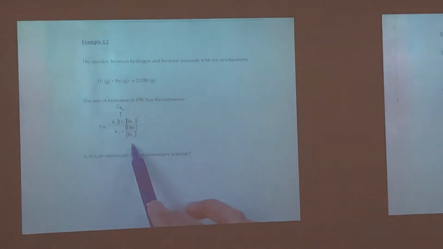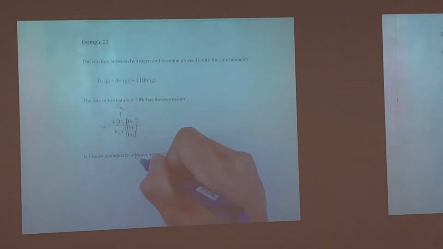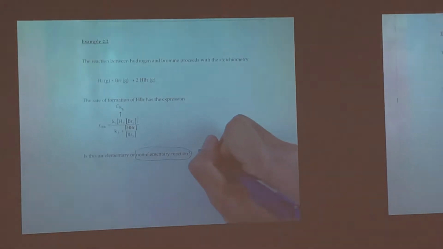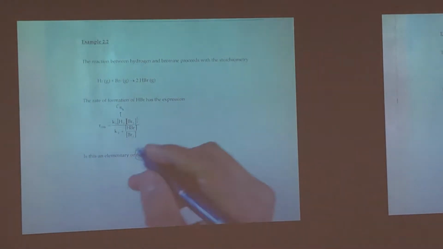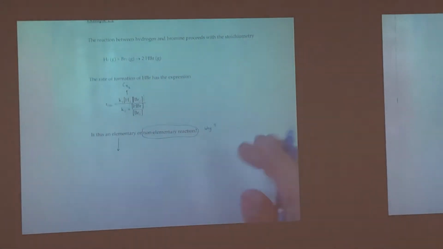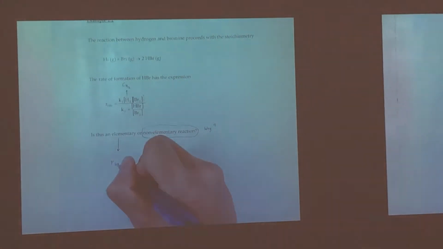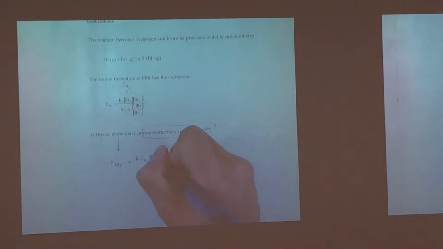This is the example of a non-elementary reaction. Why is this a non-elementary reaction? Because if it's an elementary reaction, what is the rate of formation of HBr? In the elementary case, the rate of formation of HBr will be equal to k C H2 C Br2. Very good.